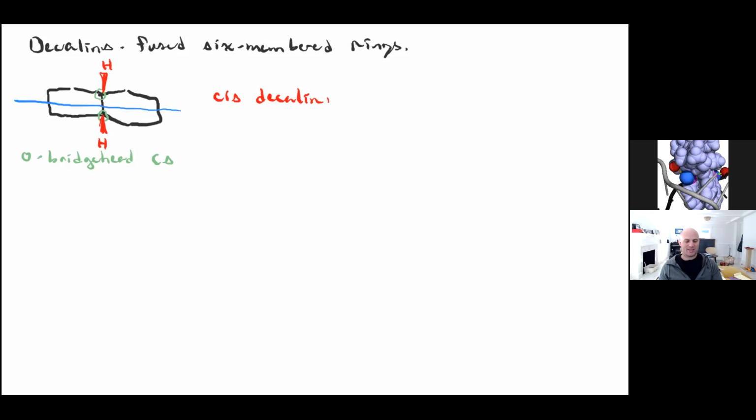We can draw cis Decalin through the chair conformers. It's going to look a little tricky because it's going to be two chair conformers fused together, but let's go for it.